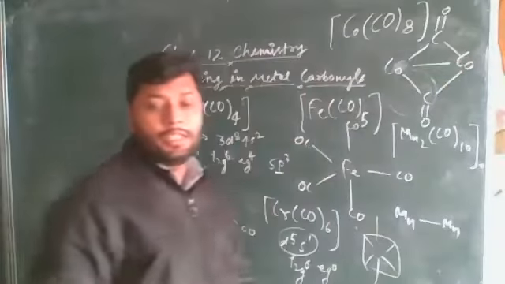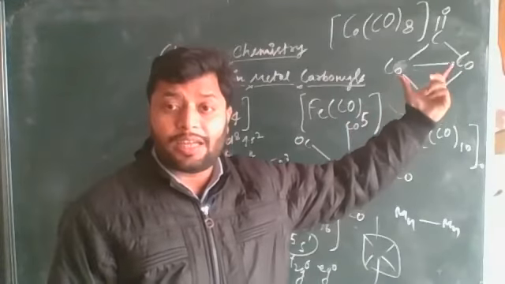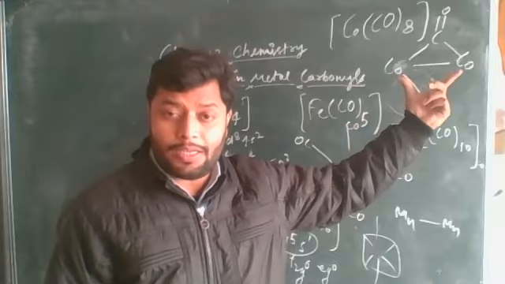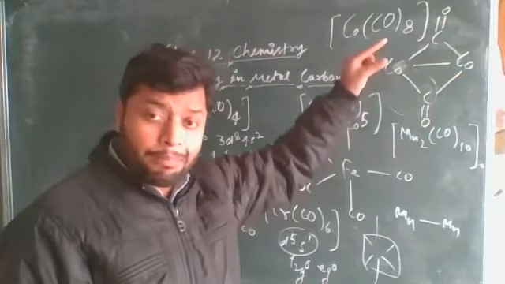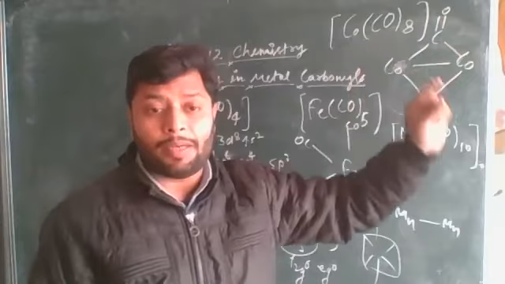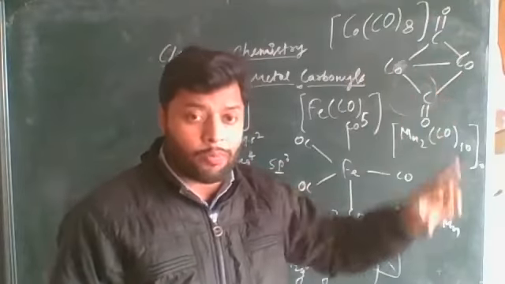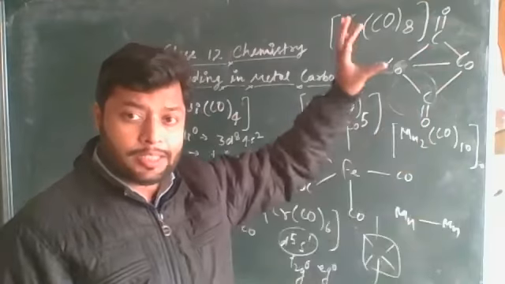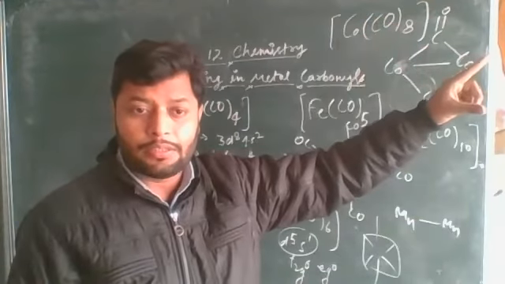Look at the possibility. There will be a single bond between the cobalt metals, called a metallic bond, and these two are coordinate bonds based on the bonding orbital and anti-bonding orbital participation of carbon monoxide individually with both cobalt. The other 6 carbon monoxide will be 3 here and 3 here.